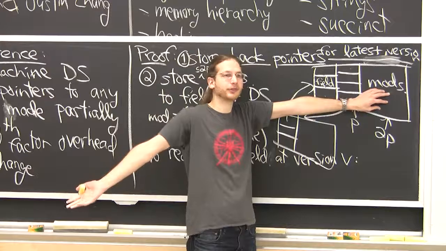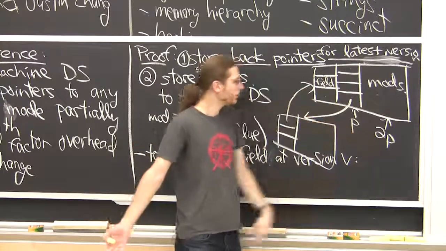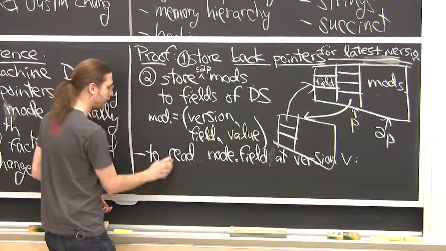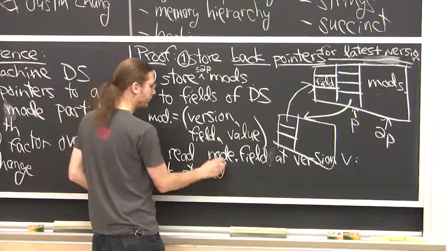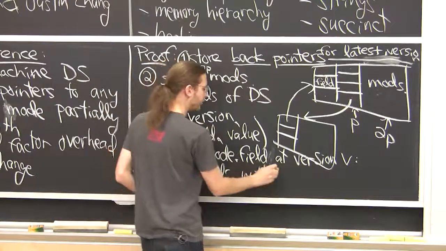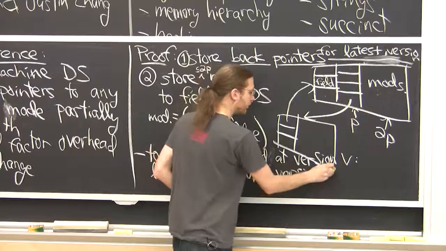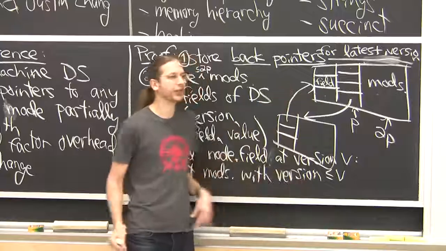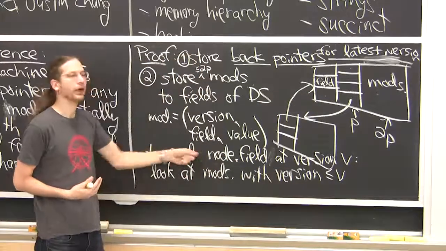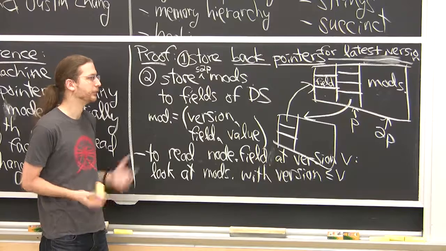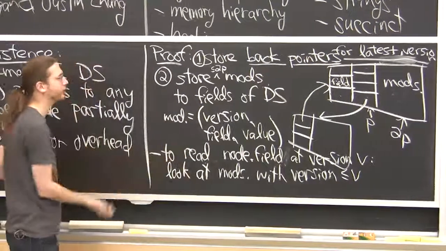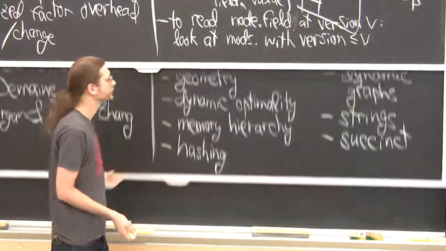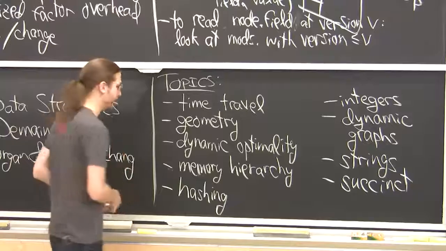There are constantly many, so it takes constant time to flip through them and see what changes have happened up to version v. So I look at mods with version less than or equal to v. That will be all the changes up to this point. I see if this field changed, and I look at the latest one. That will be how I read the field of the node. So it's constant time. There are lots of ways to make this efficient in practice, but for our purposes it doesn't matter. The hard part is, how do you change a field?